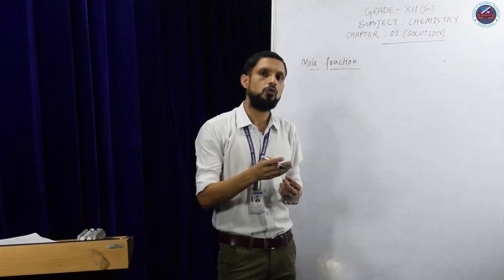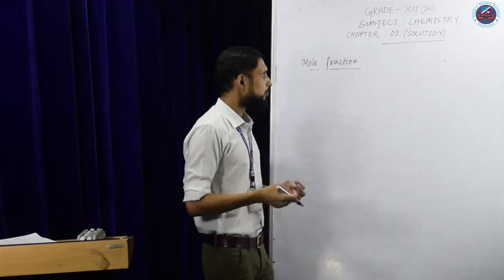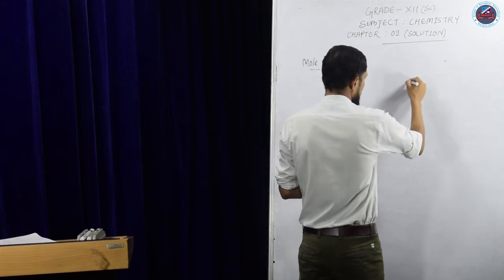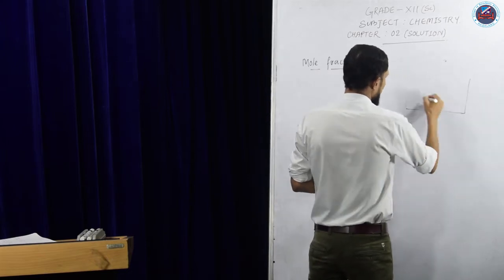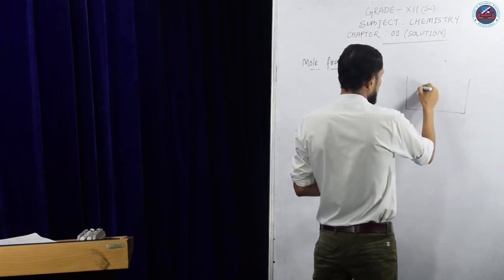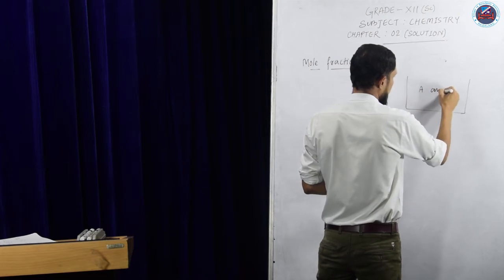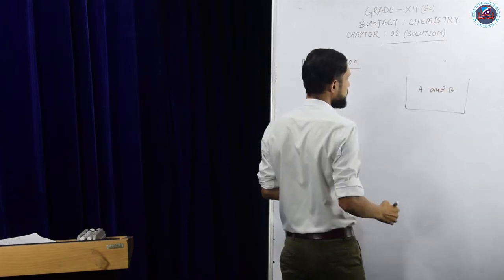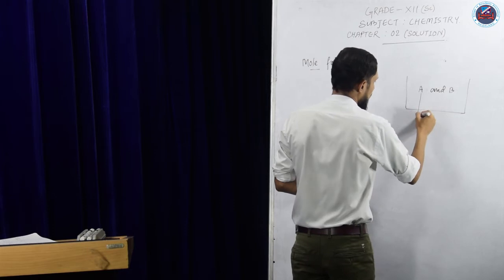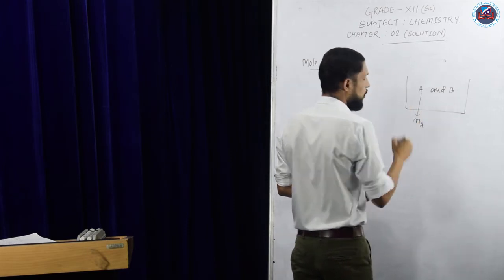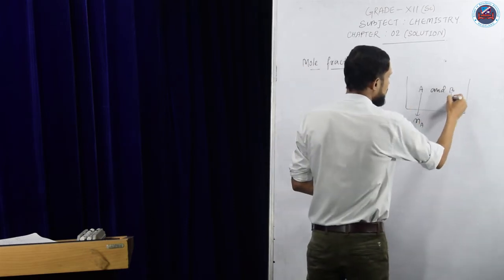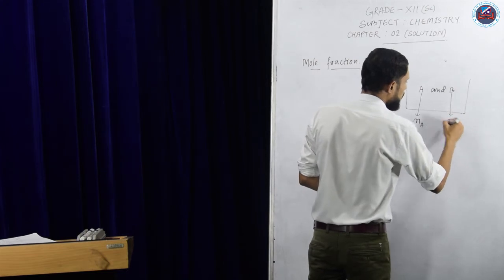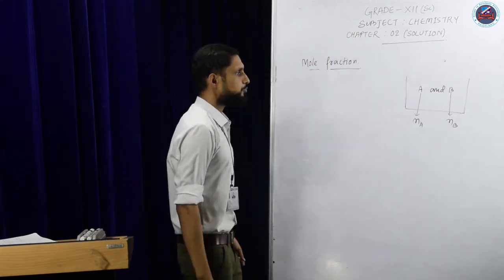We can take two or more components. So let us take a two component system. So let the components be A and B, and you have nA number of moles of A and nB number of moles of B.